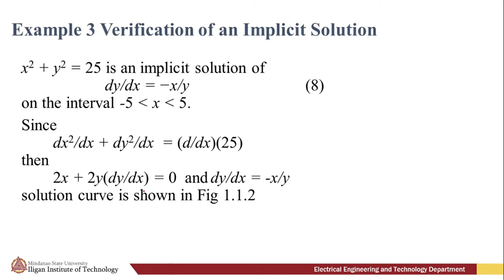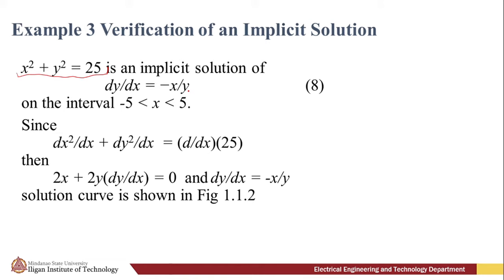So now, an example of an implicit solution. We have this equation, x squared plus y squared equals 25, which is a circle equation. This equation is an implicit solution for the differential equation dy over dx equals negative x over y.